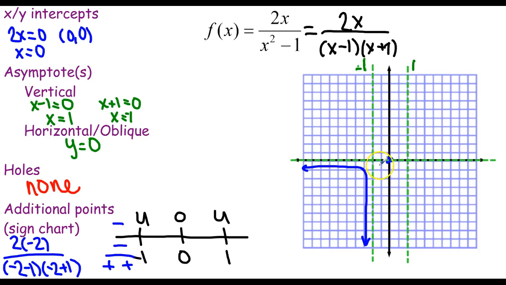So the next thing that I want to do is I need to pick a point between -1 and 0 and figure out where my graph is there. So maybe I'll pick a point like -1/2. That should be pretty easy. So 2 times -1/2, that's going to give me a negative number. -1/2 times -1/2 minus 1, that's also a negative number.